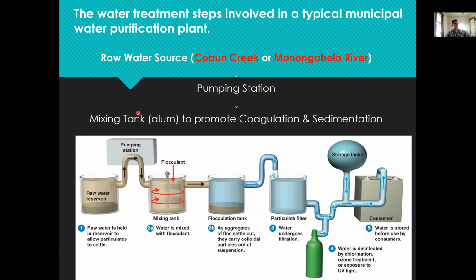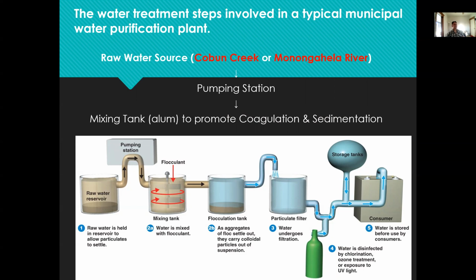And then from there, it will be taken to a mixing tank with alum. Alum is essentially aluminium potassium sulfate, which aids in coagulation and sedimentation. So let's talk a bit about coagulation and filtration. Particulates in raw water will be allowed to settle out, and flocculation will then remove the colloidal materials, including bacteria and viruses, by adding this alum.